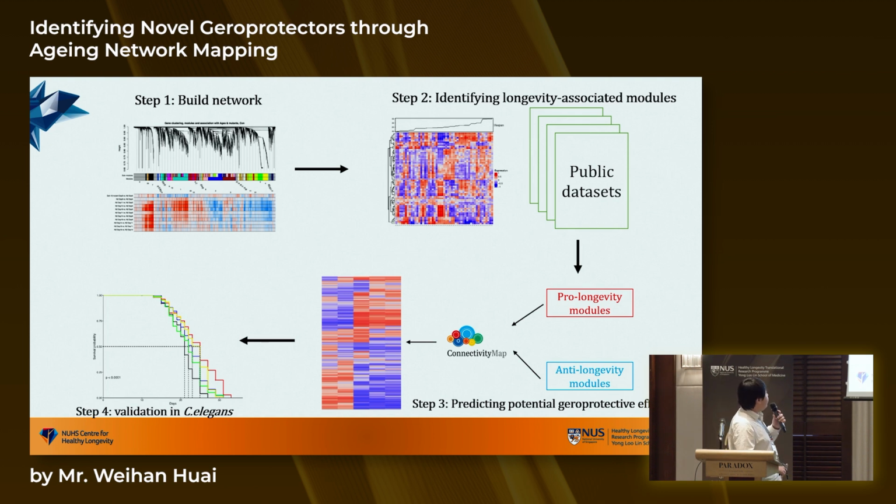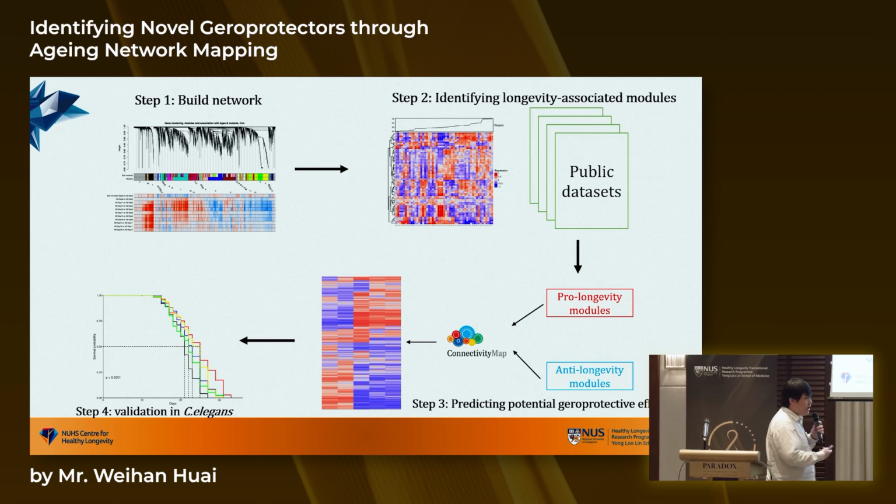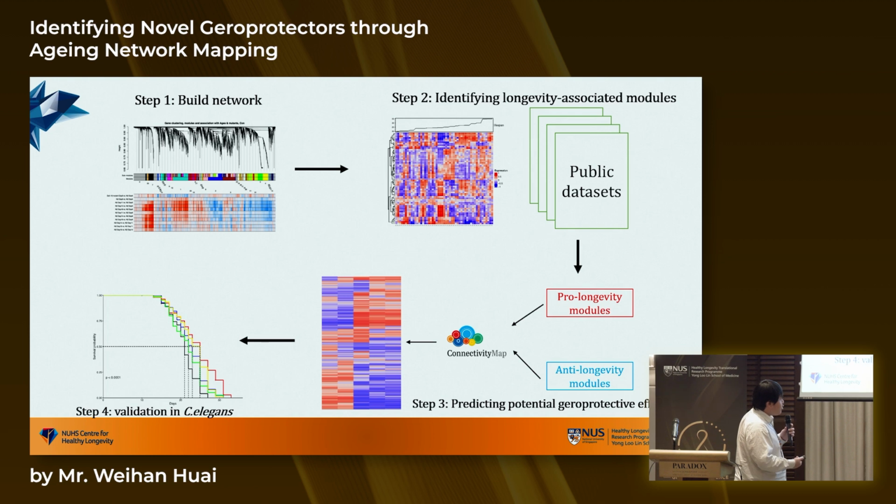So first of all, we build this network using this data set, and then how do we know whether a module is associated with something beneficial or bad? So we take the public data sets, and extract the reported median lifespan of each condition, and then we give these modules a representative score using the GSVA algorithm, and associate their GSVA score with their reported median lifespan.